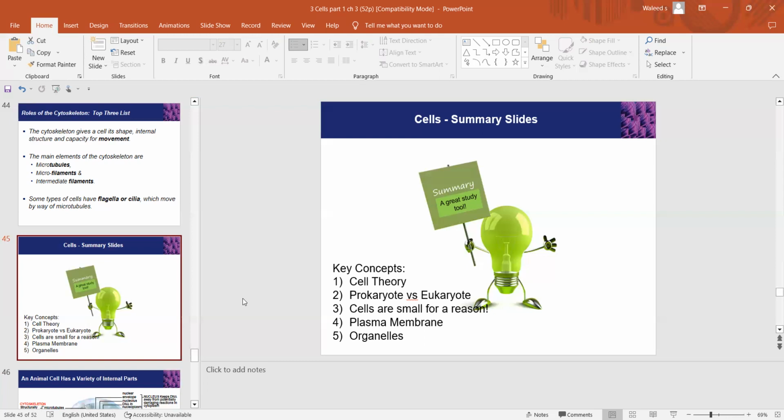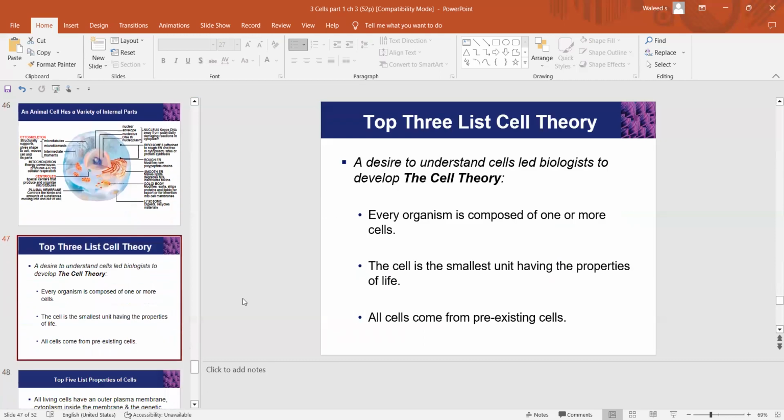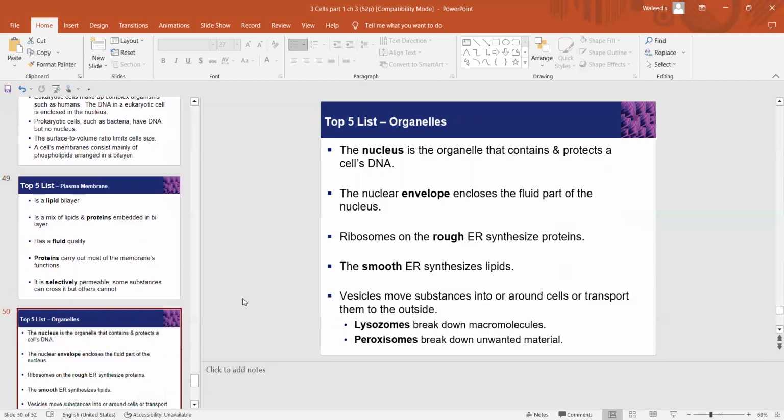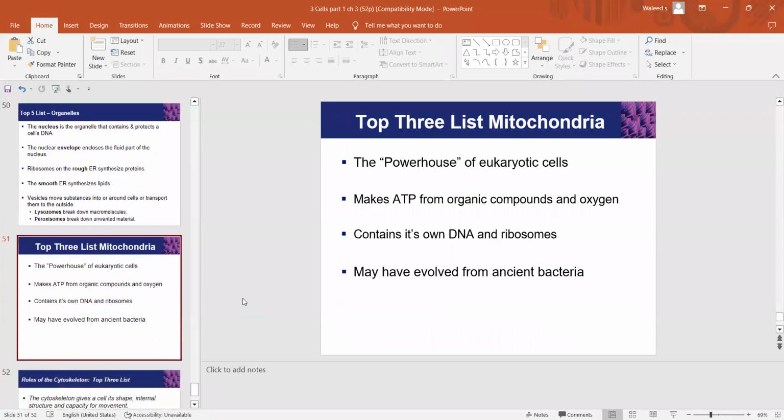Not exactly repeating, but summarizing it, so it gives you the basic principles. Here are the cell theories that we talked about, exactly the same thing. Here is the plasma membrane and the different organelles, but this gives you the single most important thing about each one of those. If you don't know the summary, you are not going to be able to answer the questions. The summary is the minimum.